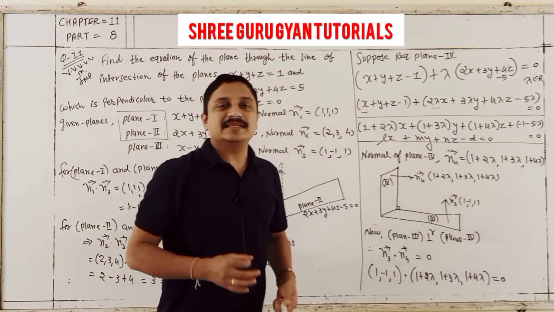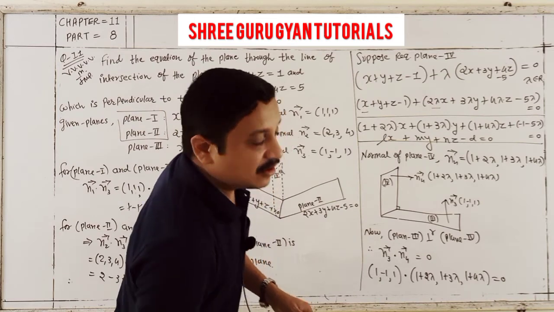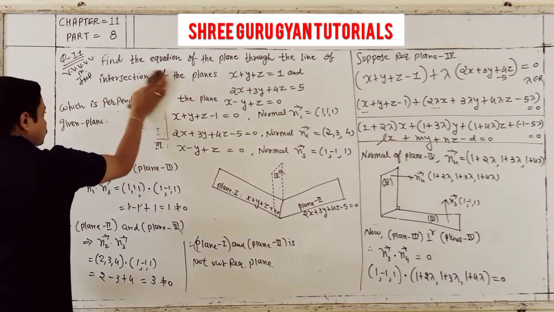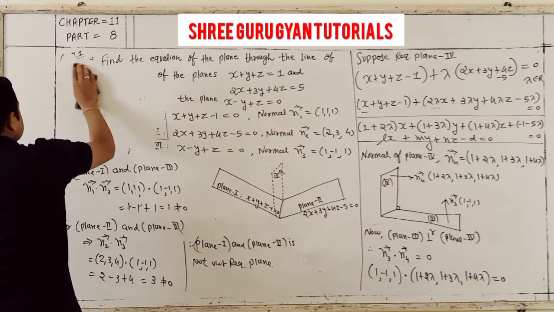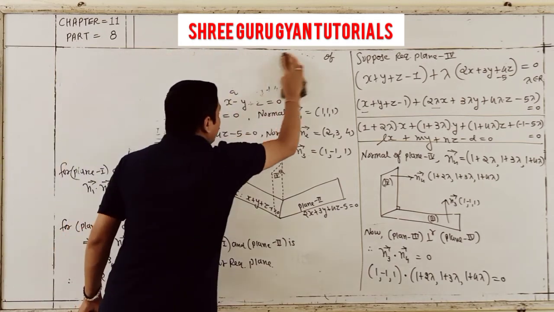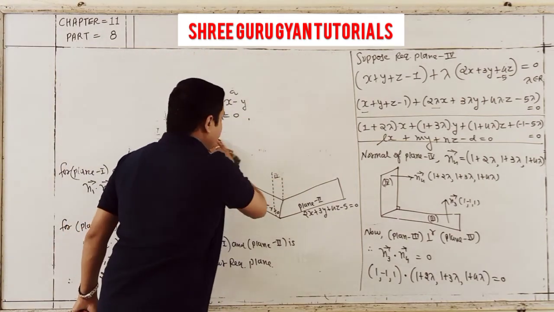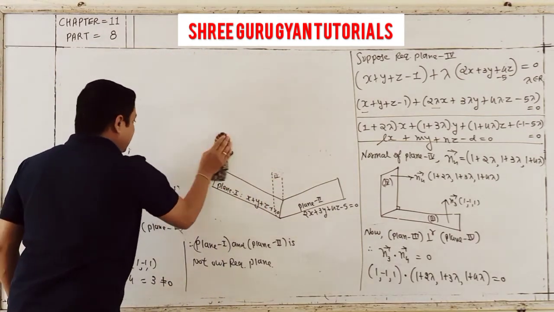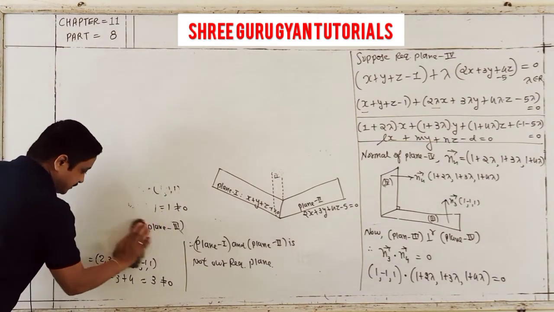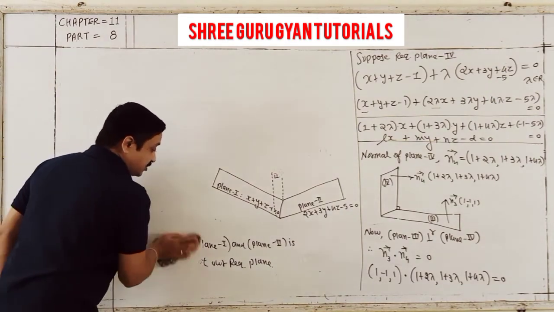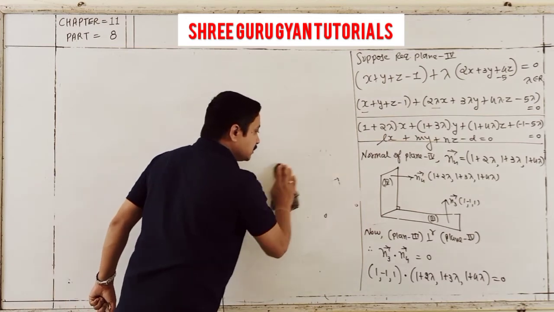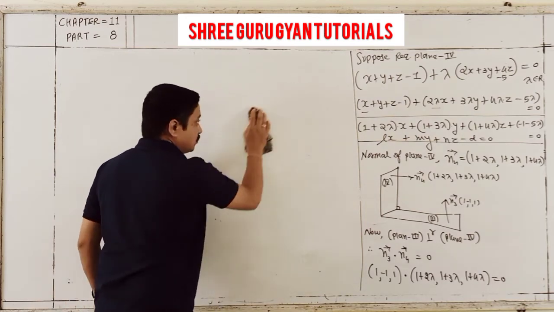Apply the simple dot product and you easily get the value of lambda. This is a 4 marks question, students, exam oriented, important, 4 marks numerical.